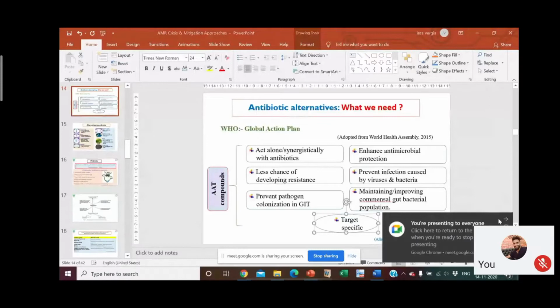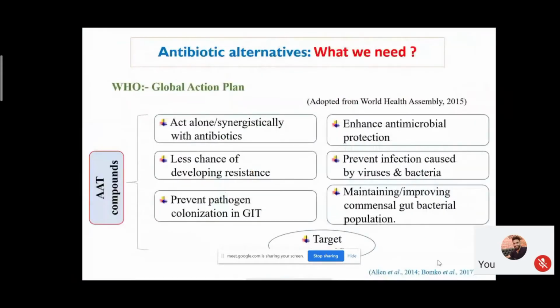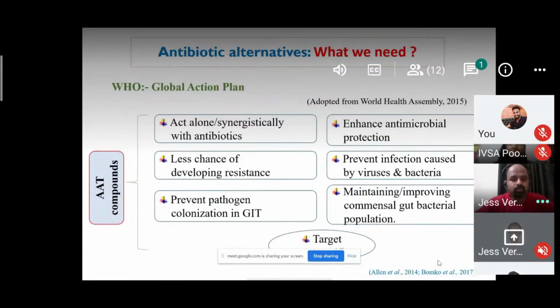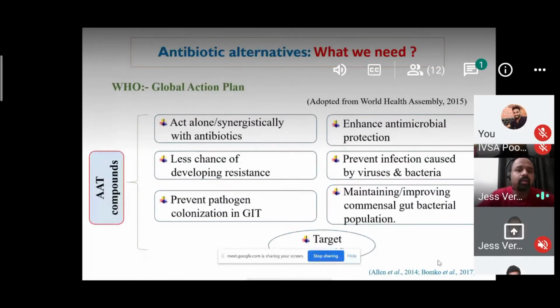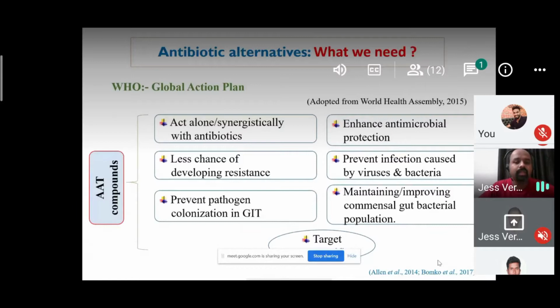Is it visible? So for getting the antibiotic alternatives, as far as the WHO Global Action Plan, what they need is why we need to resort to antibiotic alternatives. The antibiotic alternatives should either act alone or synergistically with the antibiotics which are in place.